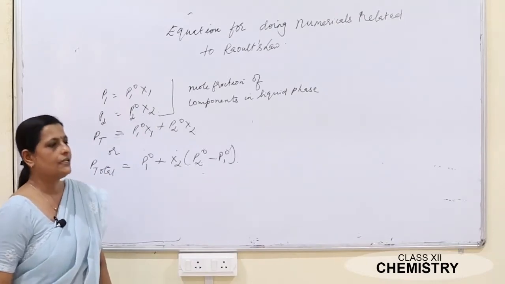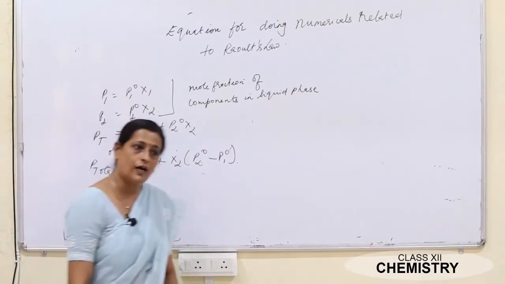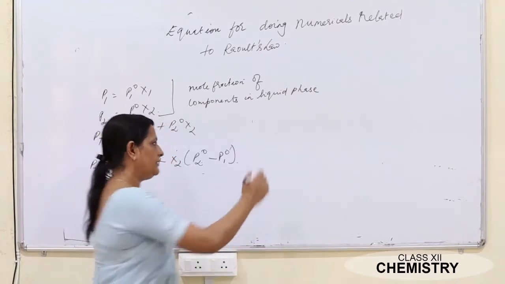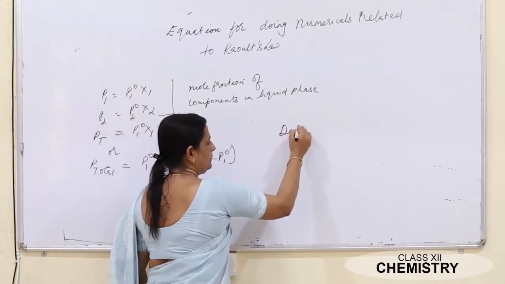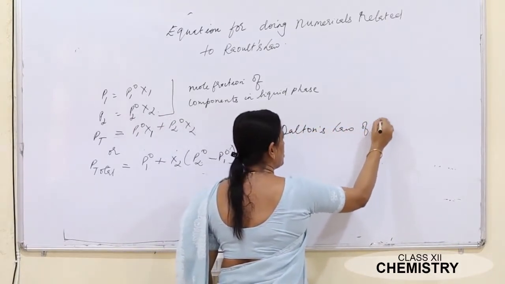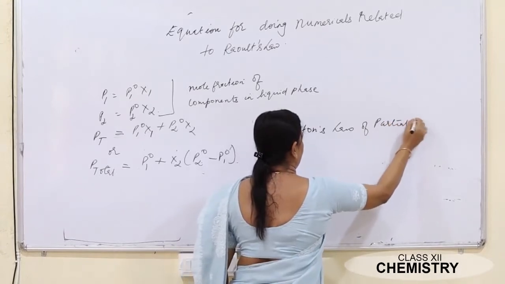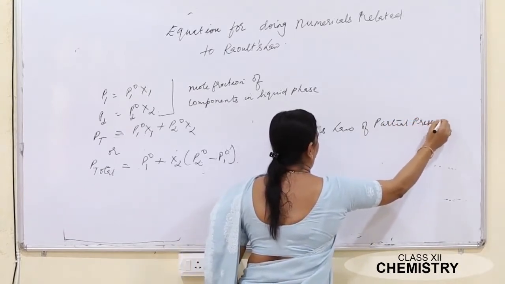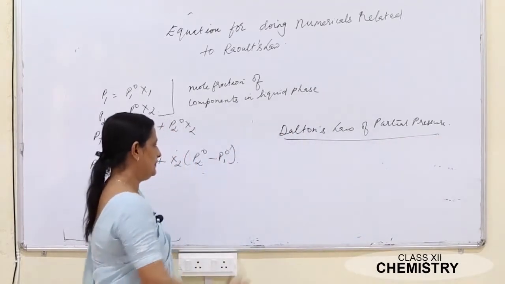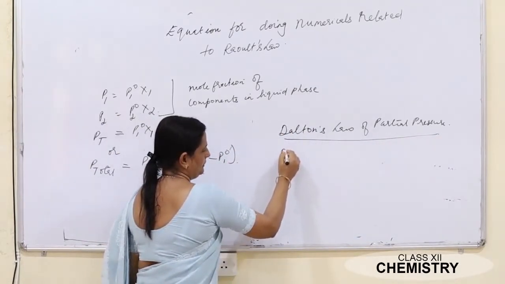In that case, you will be using the equation which you have studied in class 11th in the chapter states of matter, that is using Dalton's law of partial pressure. Hope you people remember the equation. What is the equation?